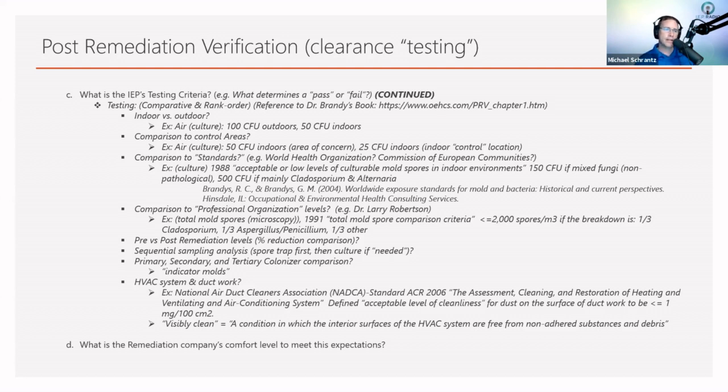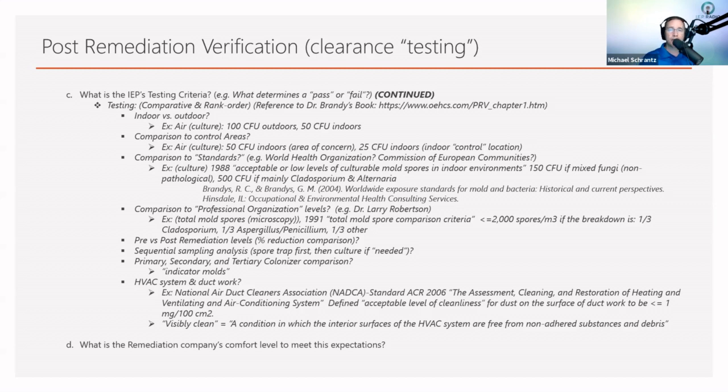But in this example of sequential sampling, they would collect a spore trap sample, but they would also collect a petri dish or culture sample. They would send both of those samples off to the laboratory, and then they would process the spore traps first. They'd culture or incubate the petri dish samples, but they wouldn't analyze them. And depending on how good the data comes back from the spore trap sampling, they may say, well, this level is low enough to where I don't feel we need to analyze the petri dish sampling.